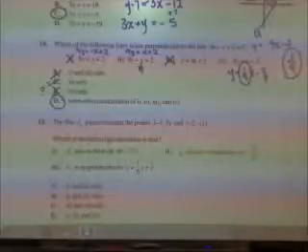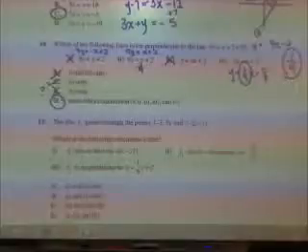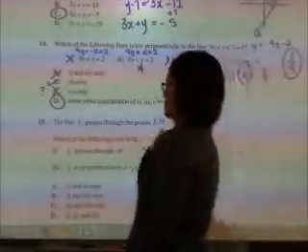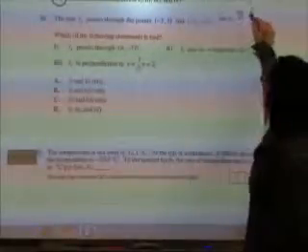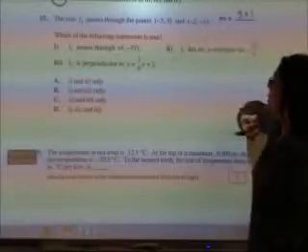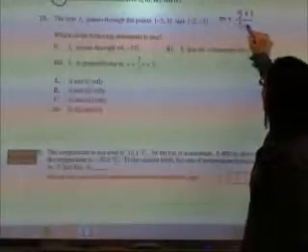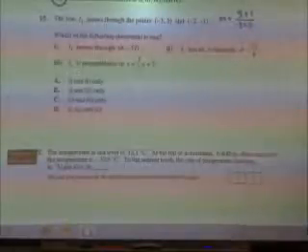Question number 15. The line L1 passes through the points negative 3, 5 and negative 2, negative 1. Which of the following statements is true? In order to find out which statements are true, what do I need to know about this line? Its slope. If I find its slope, it's the difference in the y's: 5 minus negative 1 becomes 5 plus 1, and negative 3 minus negative 2 becomes negative 3 plus 2.